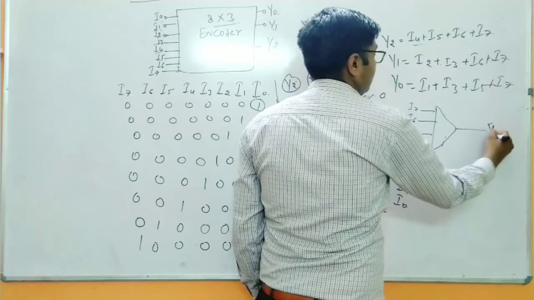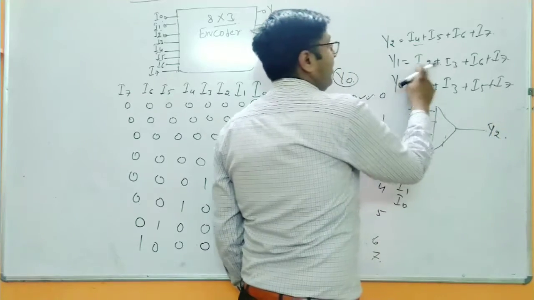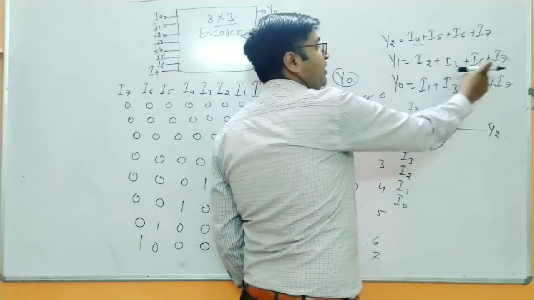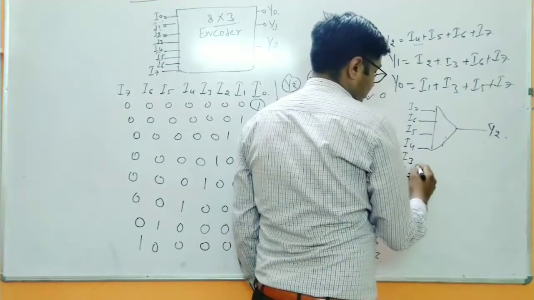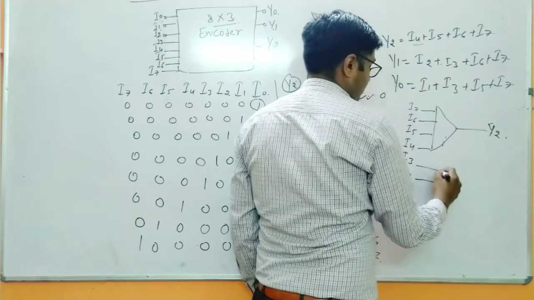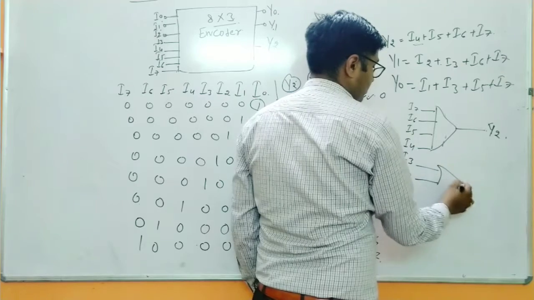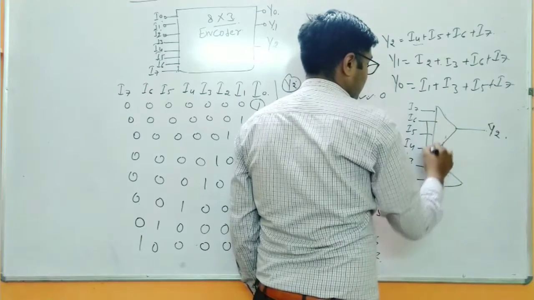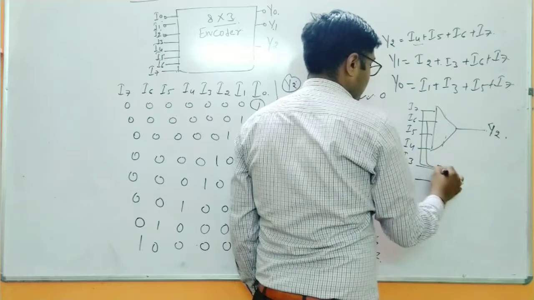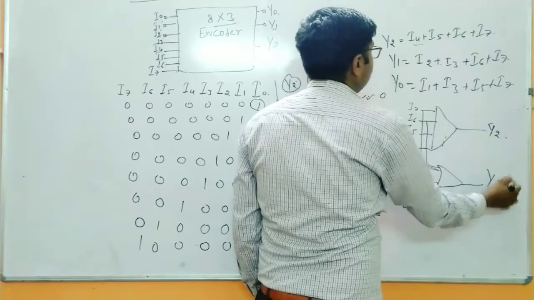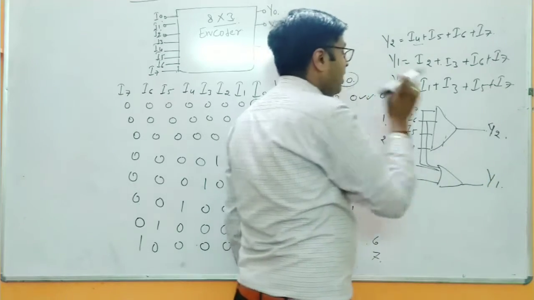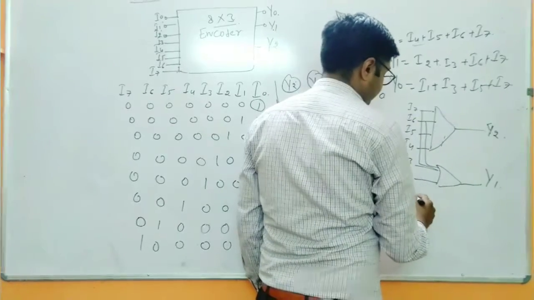This is Y2. Y1 is I2, I3, I6, I7. This is Y1. And Y0 is I1, I3, I5, I7.